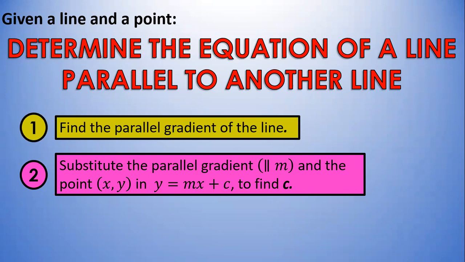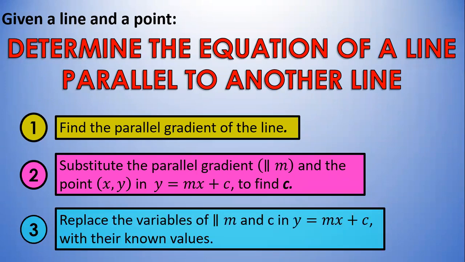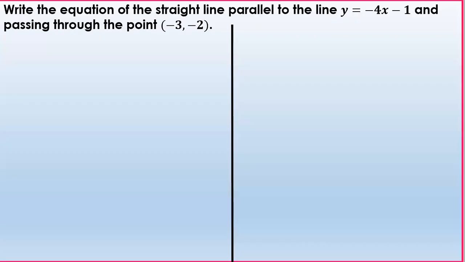We have to substitute the parallel gradient and the point given in the slope-intercept form. Once we have found C, we are going to replace the variables of the parallel gradient and C in the equation y is equal to mx plus c with their known variables. Let us look at an example.